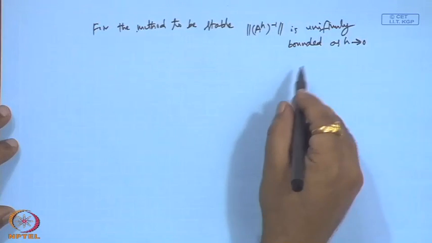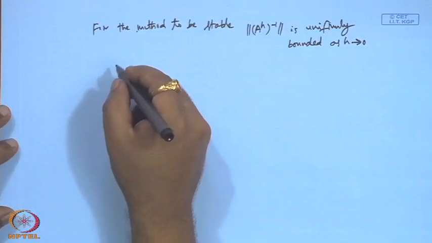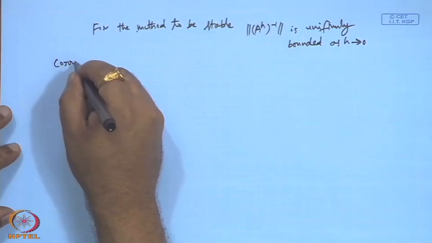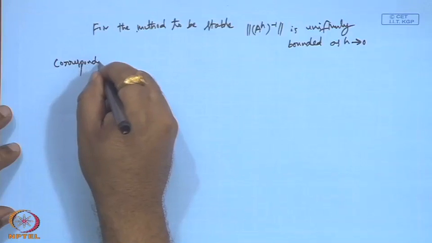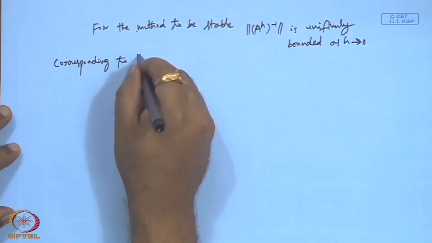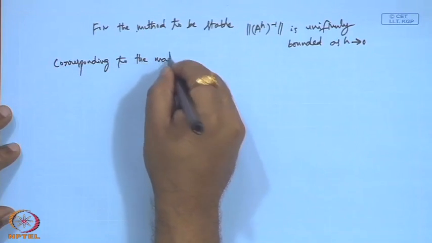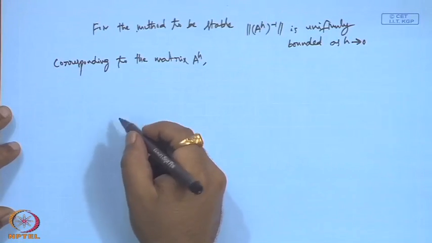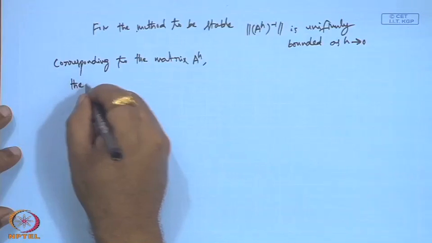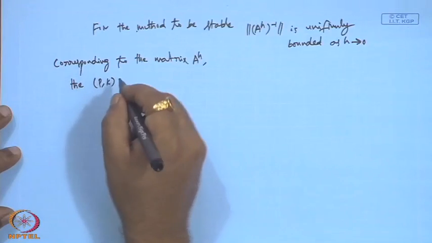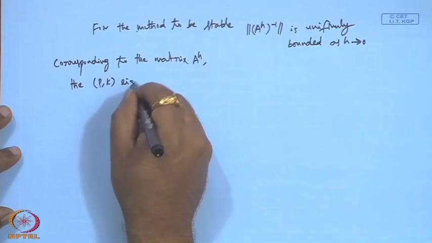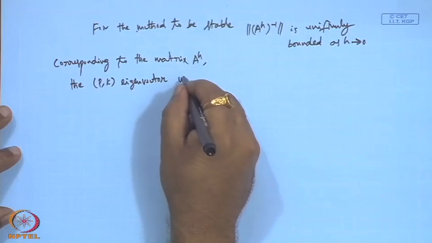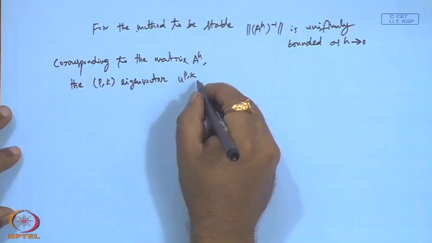Okay. So, now let us see, corresponding to the matrix A, just now we have defined the pk-th eigenvector U_{pk}.